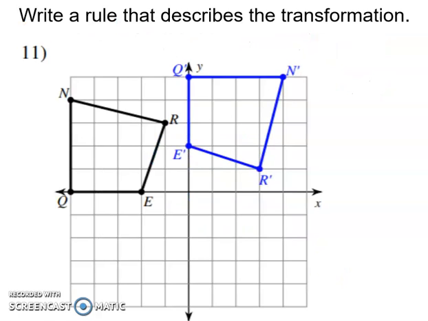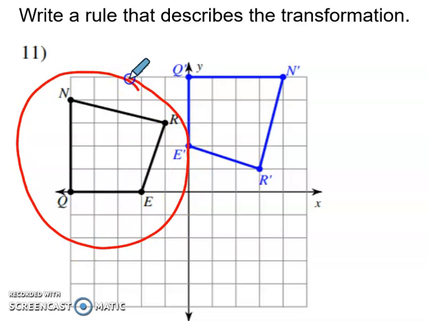And last but not least, it's asking us to write a rule that describes the transformation. So a lot of students will get this one confused because they don't know what the pre-image is, and then they don't know what the image is. What you want to do is look for your pre-image, and that's going to be the vertices that do not have the apostrophe. That's saying, hey, this is my original, it's my OG. So the black shape right here, you can tell this does not have any apostrophes with it.